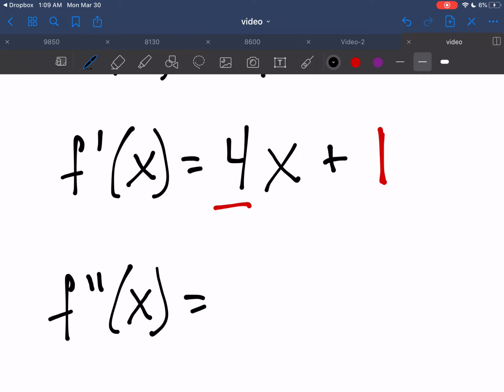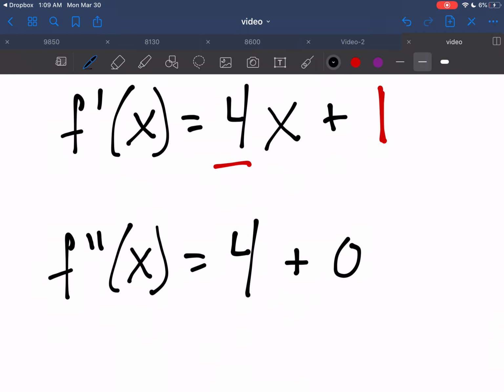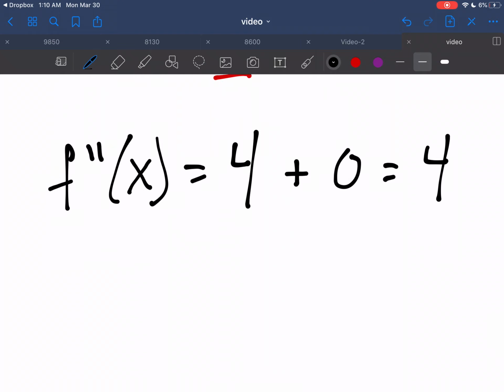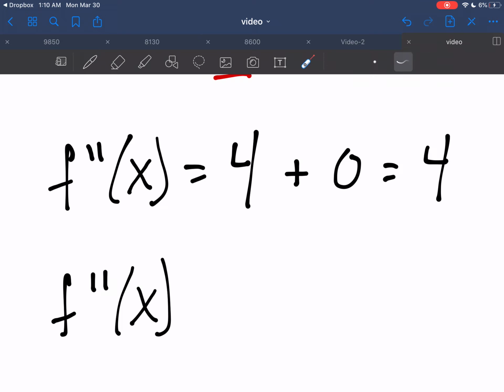Alright, so we'll do it again piece by piece. We have the derivative of 4x, which is just going to be 4, plus the derivative of 1, which is just a constant, so that'll be 0. So that's just 4. And then our third derivative will be the derivative of our second derivative.